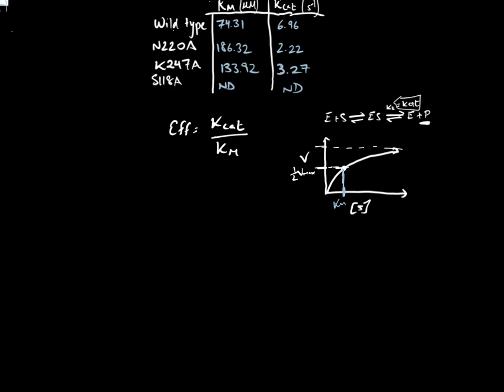So that means that if I take a lot of substrate, so let's say my Km is way down here, if I take a lot of substrate just to get to half of max velocity, then that tells me that something's not as efficient as it should be. That the affinity between the enzyme and the substrate is not very strong.